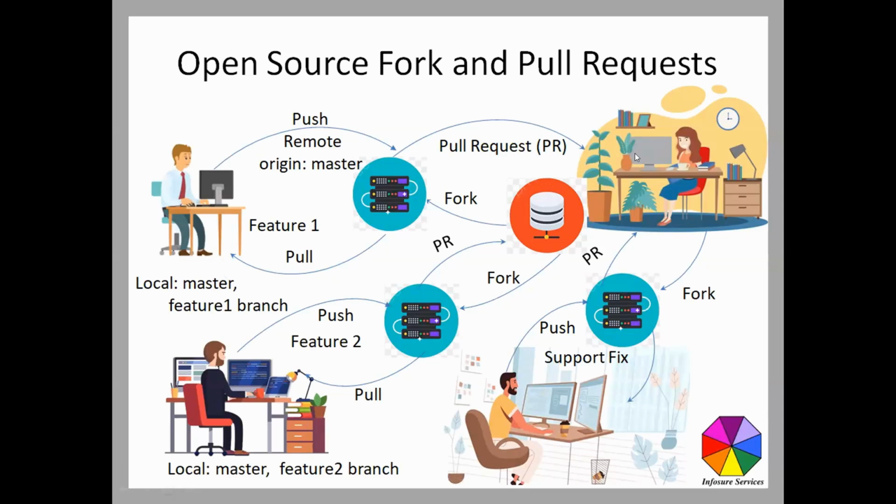Okay, so this is how open source development people fork the whole code base, work in a branch, and then later initiate a pull request. The pull request goes to somebody who is commonly maintaining that code as a configuration manager, and finally merging into the master or the main branch.